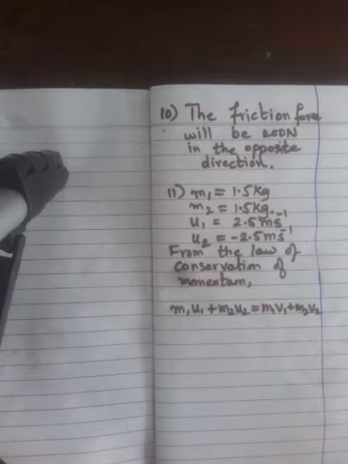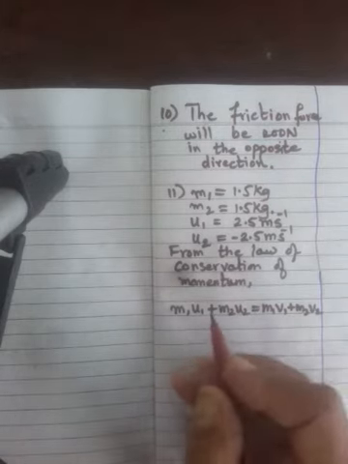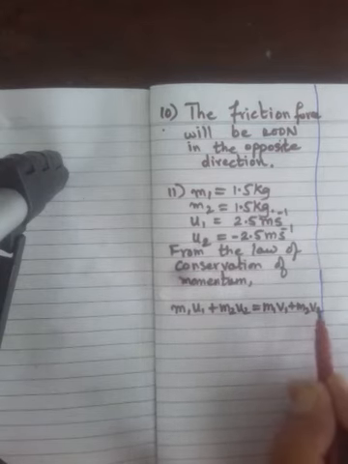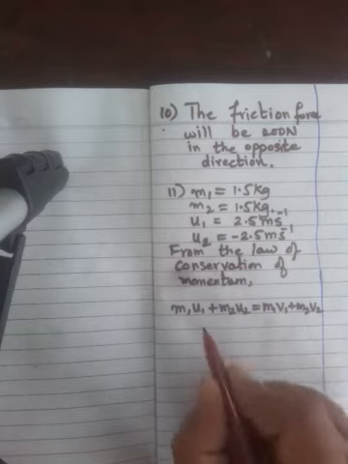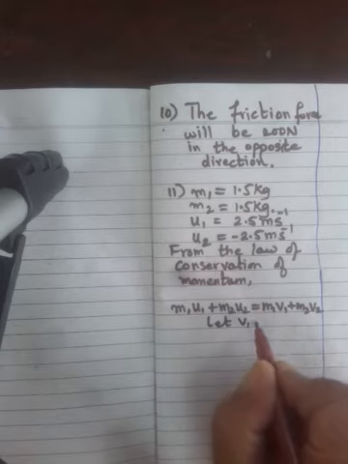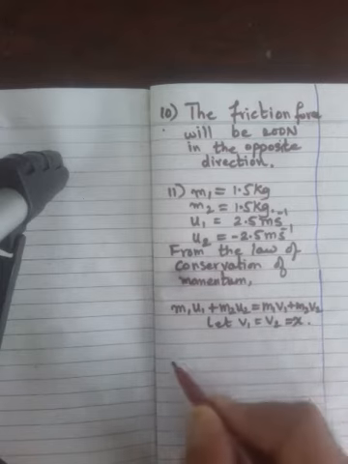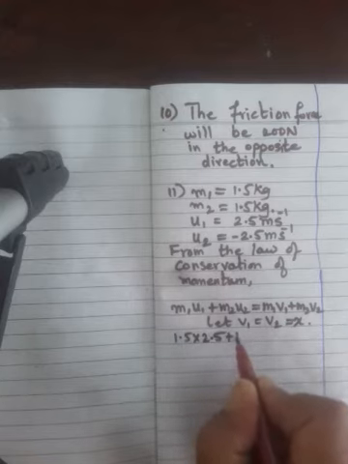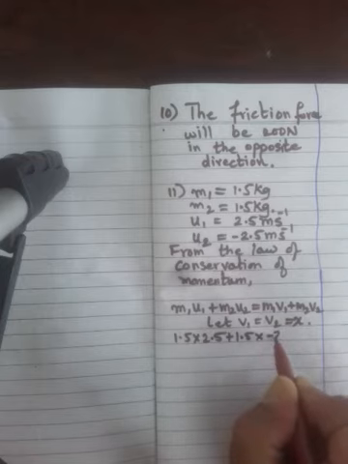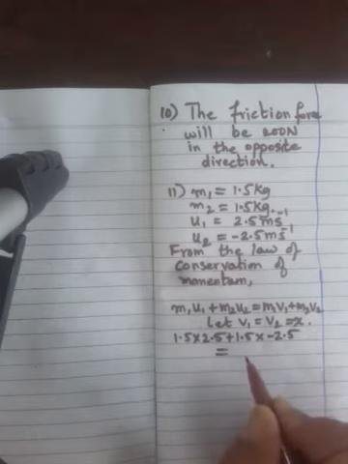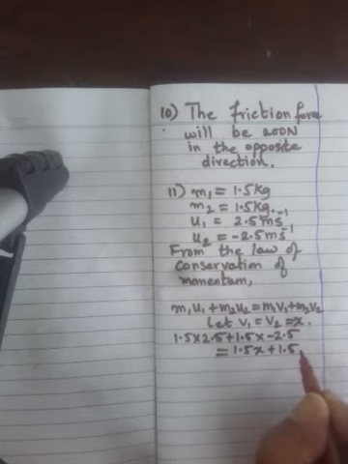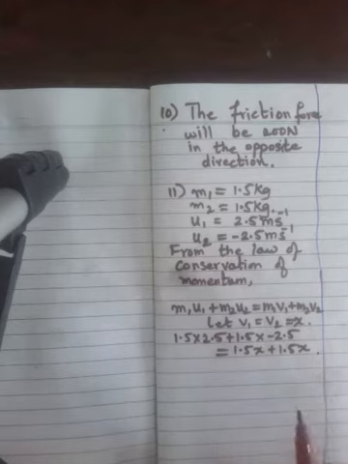Now since both these objects stick together after collision, v1 and v2 are equal. So I'll just write, let v1 is equal to v2 and let us take it as x. So m1 is 1.5, u1 is 2.5, m2 is 1.5, u2 is minus 2.5, is equal to m1 is 1.5, v1 and v2 we have taken as x, and m2 is also 1.5, times x.